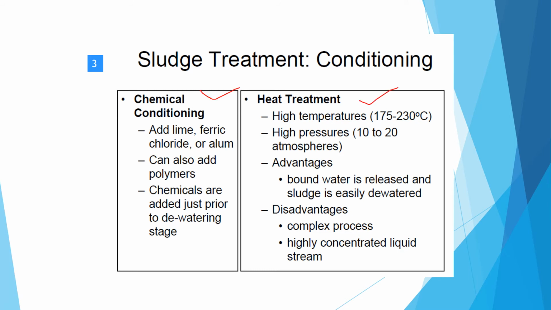For chemical conditioning, basically it will add lime, ferric chloride or alum, and also some polymer, and these chemicals are added just prior to the dewatering stage. And for the heat treatment, basically it involves high temperature and pressure. The advantage is that bound water is released and sludge is easily dewatered. So basically both of these processes are to remove water from the sludge.